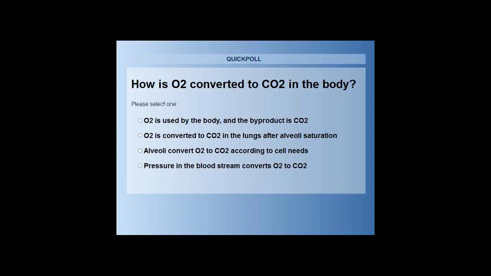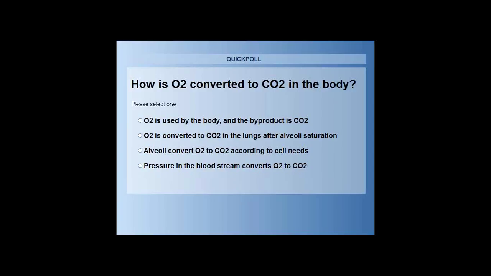Option A is oxygen is used by the body and the byproduct is CO2. Option B, oxygen is converted to carbon dioxide in the lungs after alveoli saturation. Option C, alveoli converts oxygen to carbon dioxide according to cell needs. And option D, pressure in the bloodstream converts oxygen to carbon dioxide.